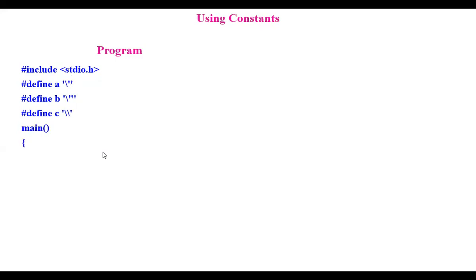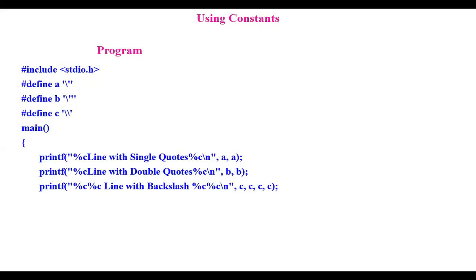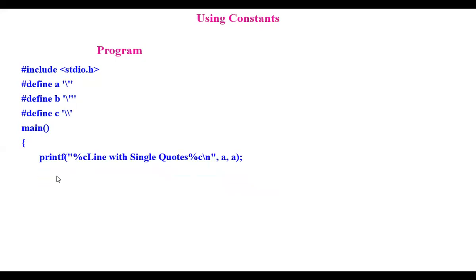Now, I write the program. I have declared it as a, and I want to display it as a character. What character do I want to get? A. A means single quote. Similarly, another character here, which is a single quote, right? So I want to have this one within single quotes.